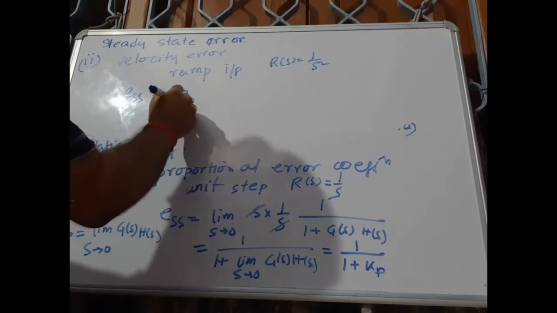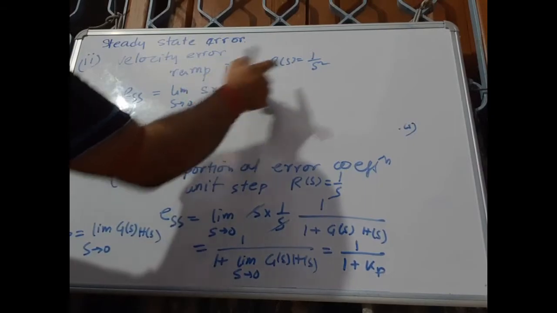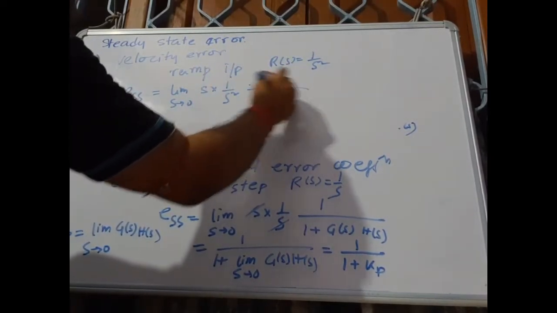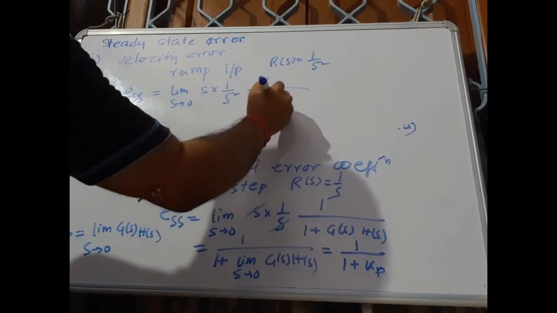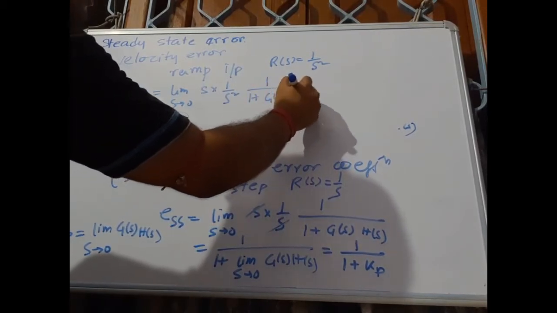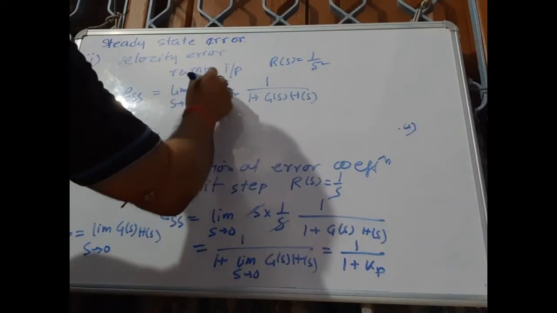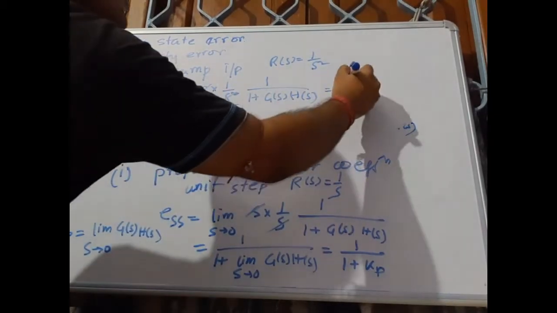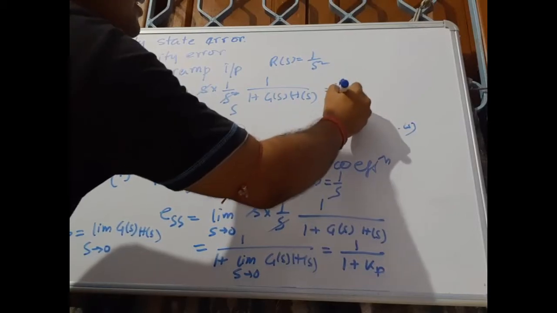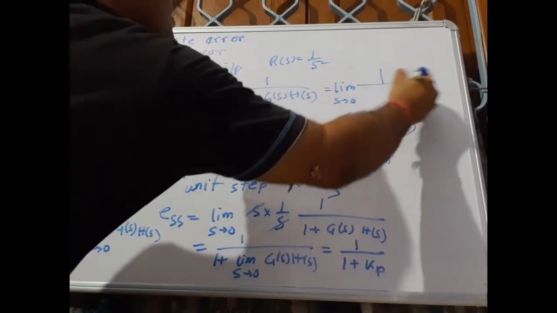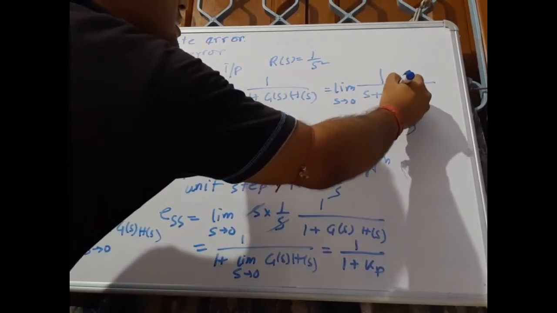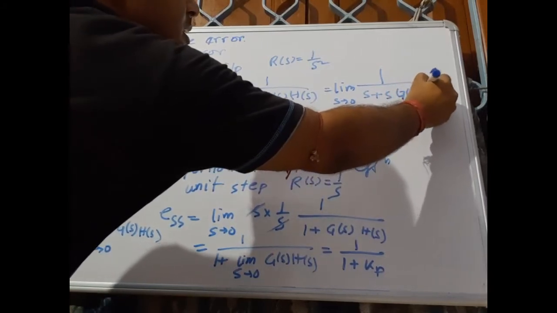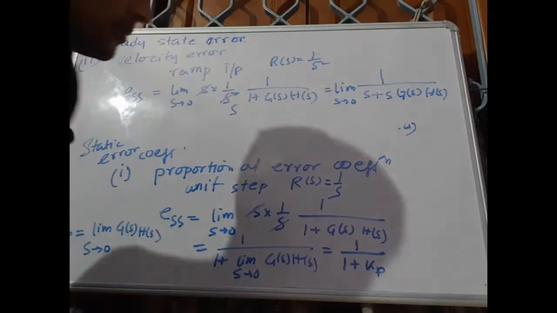Limit of s tends to 0 s into this R(s), means 1 by s square, 1 divided by 1 plus G(s)H(s), and if I cancel it, here it is. So limit of s tends to 0 1 divided by s plus s G(s)H(s), right?